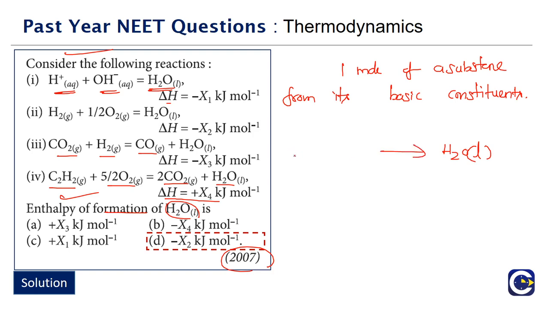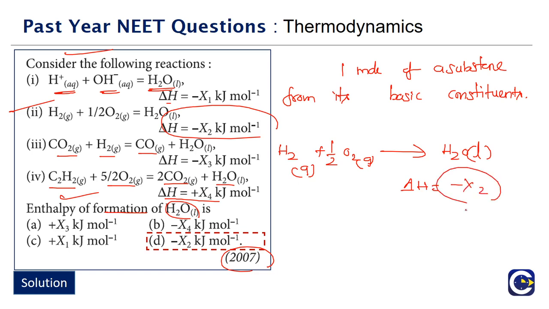It is nothing but the hydrogen gas and oxygen gas. Means we must have H2 gas plus half O2 gas that will combine to give H2O liquid. So what is the equation that exactly represents this? Which is the equation 2. In case of equation 2, what is the delta H value? Delta H value is equal to minus X2. So this minus X2 will be the enthalpy of formation of H2O liquid. So this is based upon the definition of the enthalpy of formation.